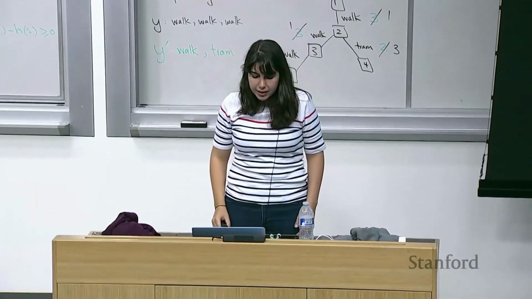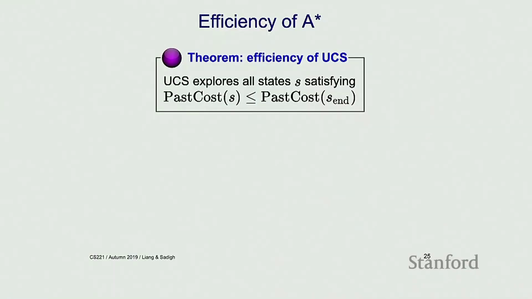The next property that we have here for A star is that it is actually more efficient than uniform cost search. And we have kind of already seen this, right? The whole point of A star is to not explore everything and explore in a directed manner. So if you remember uniform cost search, how does it explore? Well, it explores all the states that have a past cost less than the past cost of S end.